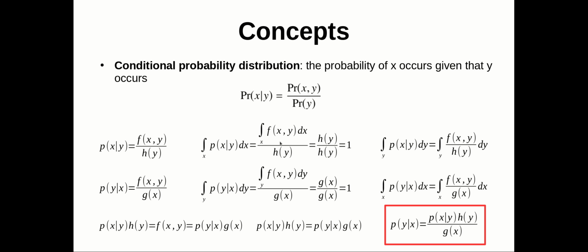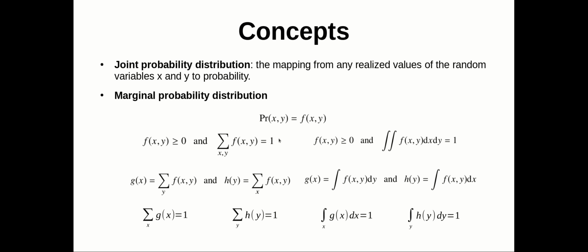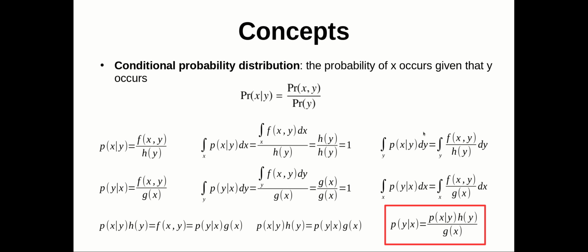And our previous slide defines the marginal distribution for y, right? The marginal distribution for y is exactly fxy integrated over x, right? So the integral on the numerator becomes hy, and then the denominator is hy. So hy over hy is exactly equal to 1, right?